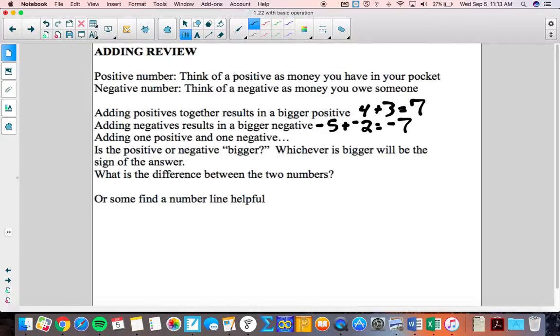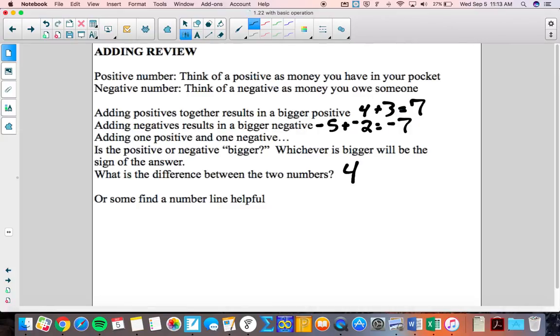Whichever one's bigger or farther from zero is going to win out, and that'll be the sign of your answer. Then the number after the positive or negative sign will be whatever the difference is between the two numbers.